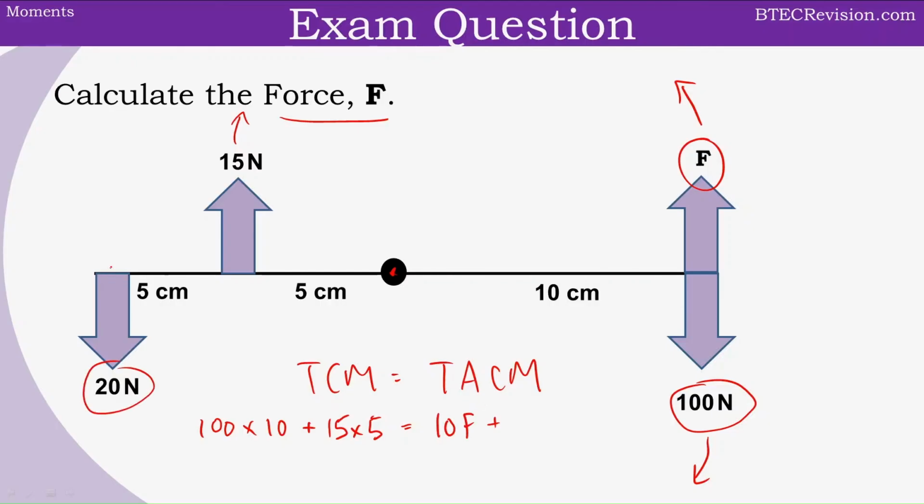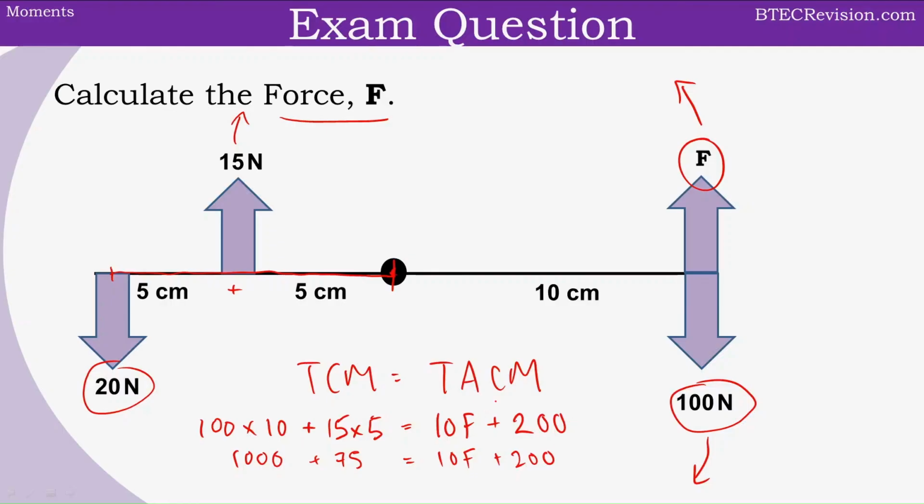Now if you look here, we have a distance which is perpendicular from the pivot. That's going to be 5 and another 5. So that's actually 10 times 20. So that's 200. 100 times 10 is going to give us 1,000 plus 75 is equal to 10F plus 200.